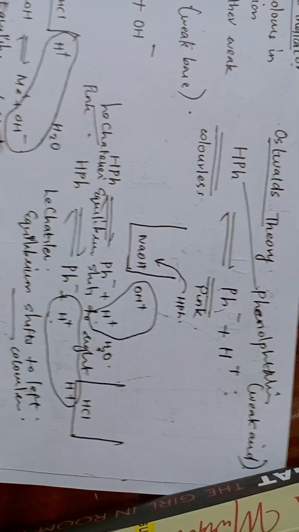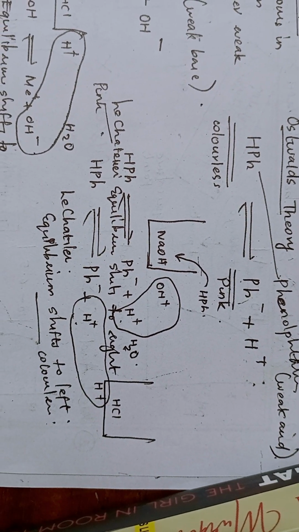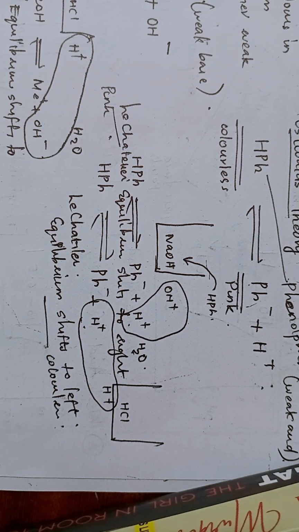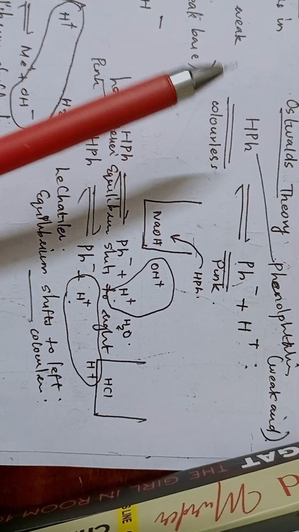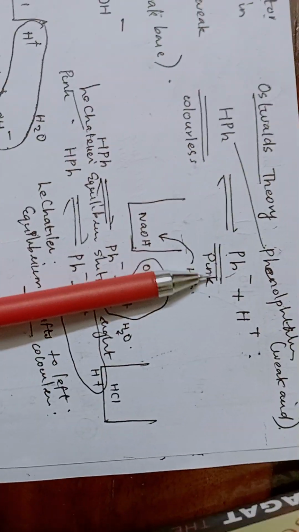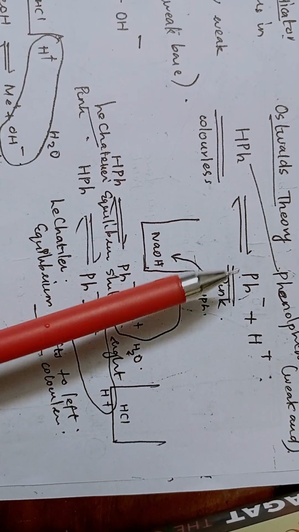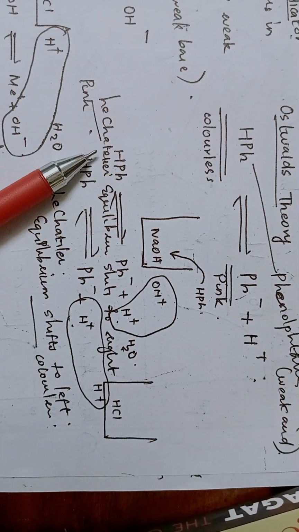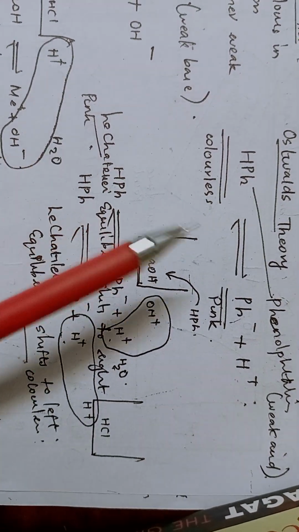According to Ostwald's theory, let us consider HPh as colorless, which is phenolphthalein. When this dissociates, it leaves Ph minus and H plus. This Ph minus is pink color. So this is how we can determine the end point.